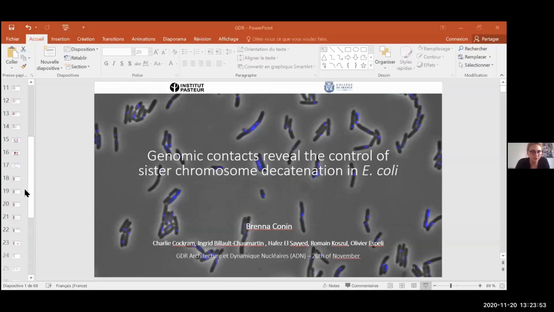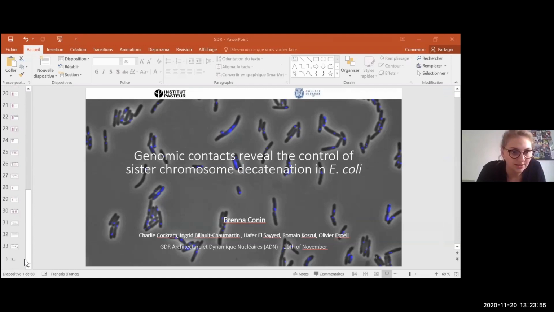So you might not always have the same length of the butterfly in each cell, which gives this diffuse, not very strong signal. But if I can share my screen again, I can show you, for example, in the other subunits of Topo IV, in part C, we have a much stronger signal.